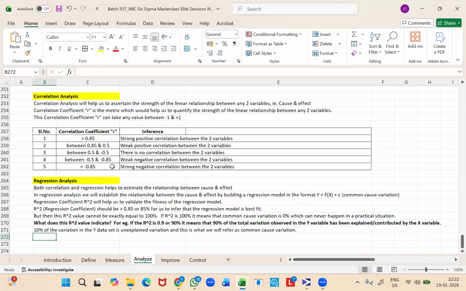Specifically, if it is an inspection scenario, what will be the null and alternate hypothesis statements? If it is a quality inspection scenario, the null hypothesis will always be the sample unit is non-defective. And the alternate hypothesis, which the quality inspector needs to establish, will be the sample unit is defective, right?